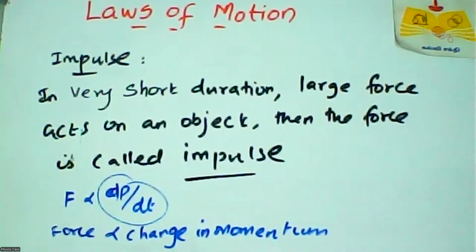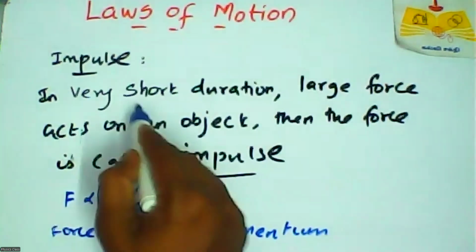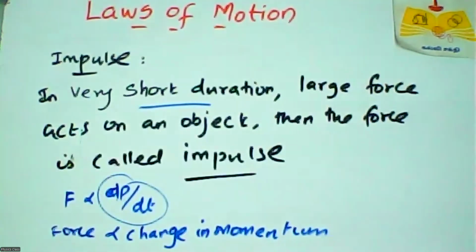So that force acts on an object in a very short duration. From Newton's second law, that force will change the object's momentum. Momentum means mass into velocity. Mass does not change, but the velocity changes.